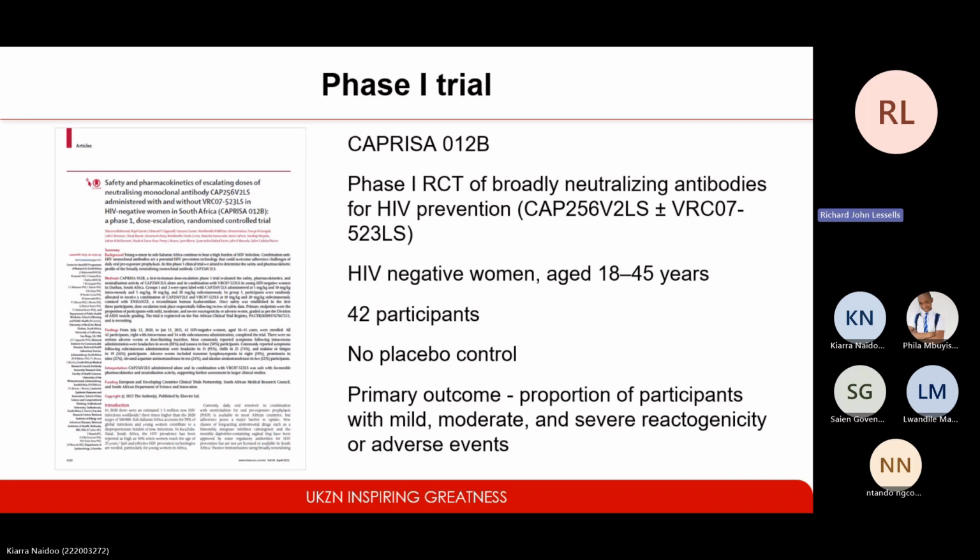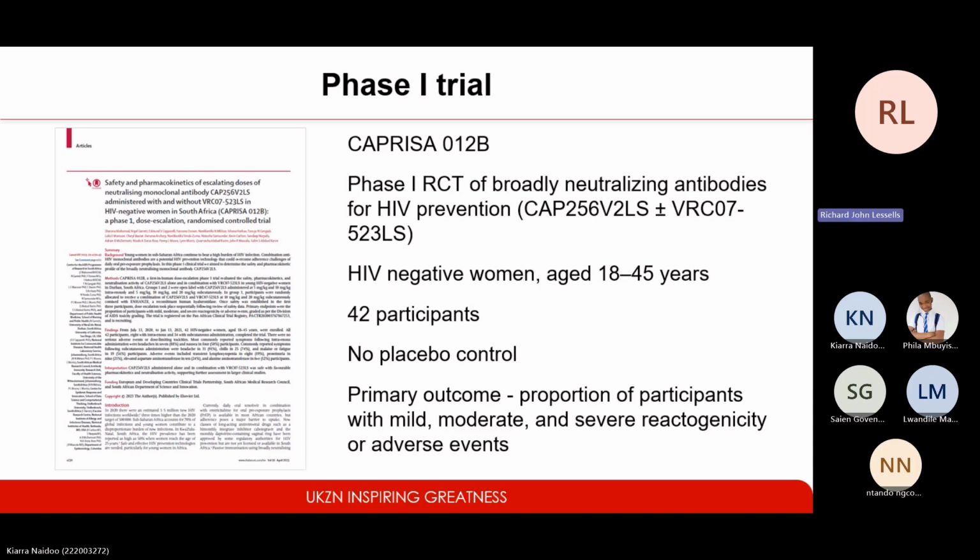So you can see a very small number of participants. There's no placebo control. So all 42 of these people that participate in the research are going to get what's being tested here. Because what we want to see from this is just whether this seems to be safe when we give it to human participants.